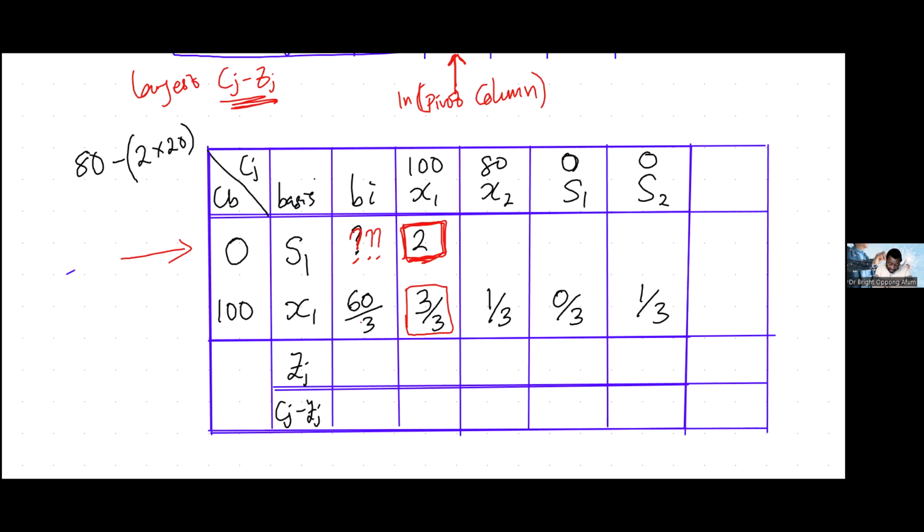Where is the 20 coming from? 60 divided by 3 is 20. So let's do this quickly. 80 minus 40, and that is 40. So the value here will be 40.